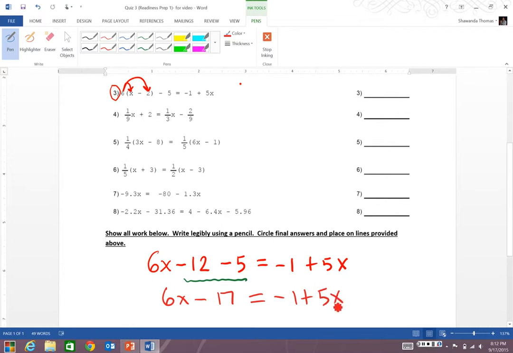Now we want to get our like terms on the same side. As you can see, we have a 5x on the right, 6x on the left. So what could we do? We could subtract 5x from both sides. That way I end up with a positive leading coefficient.